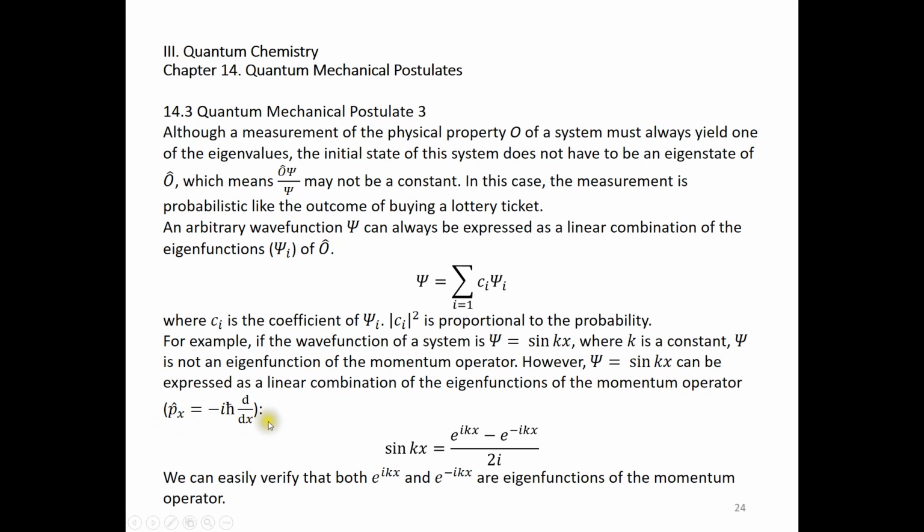This is the momentum operator, and right now I'm expressing sine kx as a linear combination of two eigenfunctions of the momentum operator. We can verify that e to the power of ikx is an eigenfunction of the px momentum operator with an eigenvalue of k times h bar.